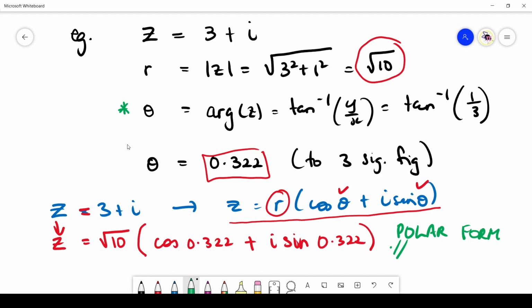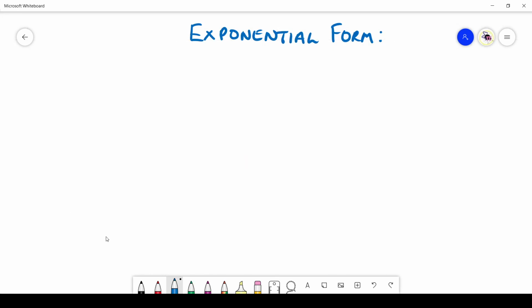Okay guys, so let's move on to another form that complex numbers can take. Okay, so on screen you'll see the words exponential form. All right, so we're actually hitting up every single aspect of complex numbers in different varieties here.